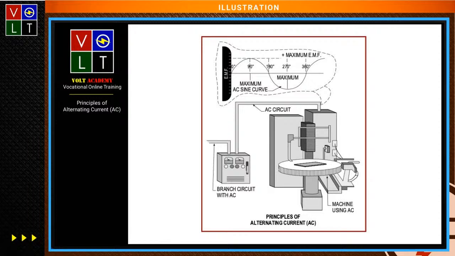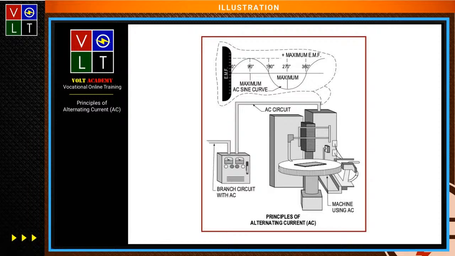Now, what does the curve represent there? It represents a definitive voltage or current value for a certain degree of rotation through the alternating cycle. One cycle begins at 0 degrees and ends at 360 degrees.